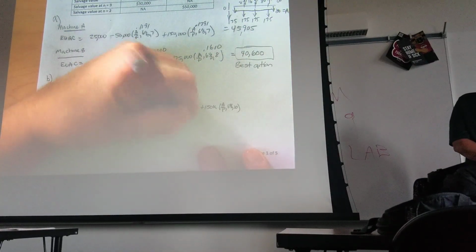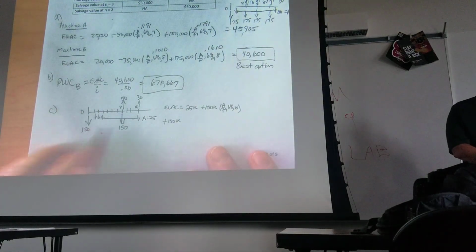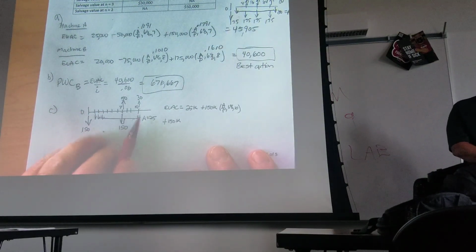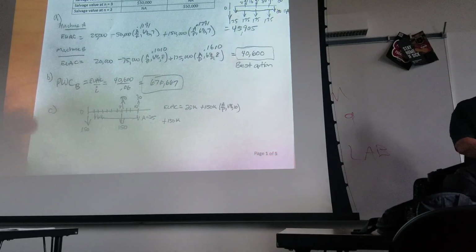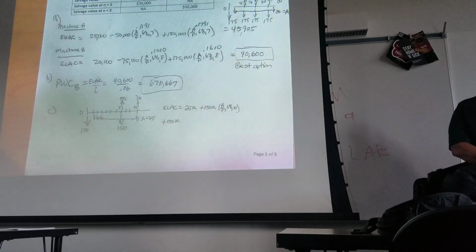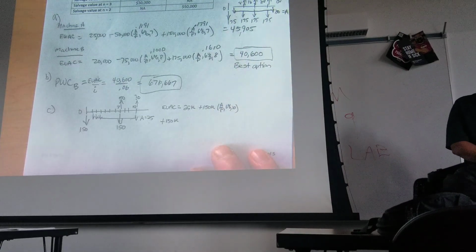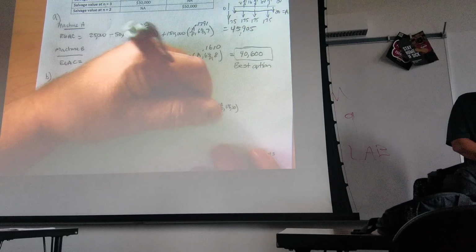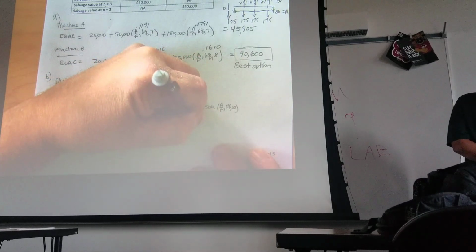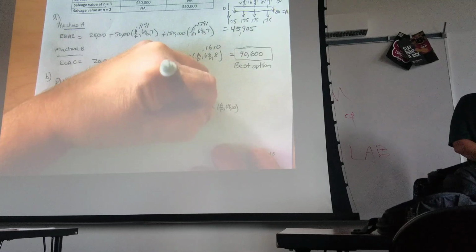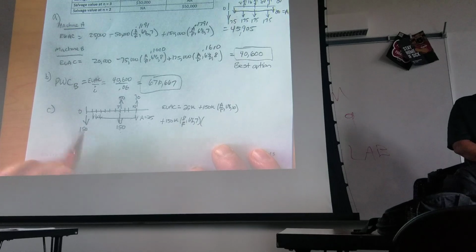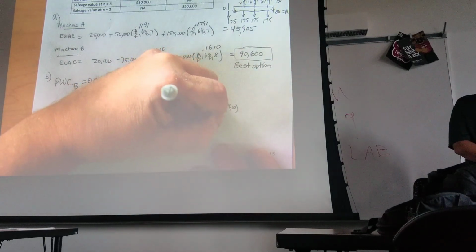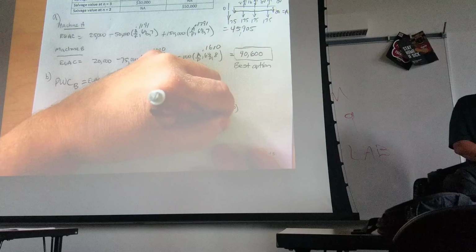Remember, when you find the annual value, you have to start from 0 or n. Okay, so I'm just going to bring everything back to 0. Well, except for the 30, which is at 10, but I'm going to bring that one back to 0. So 150K F times P over F, 6%, 7, which brings it back to here, times A over P, 6%, 10.